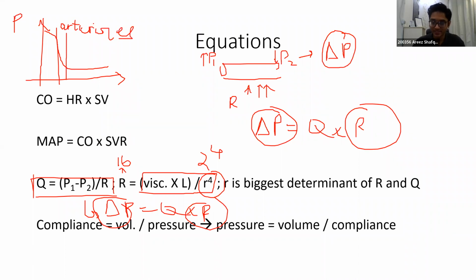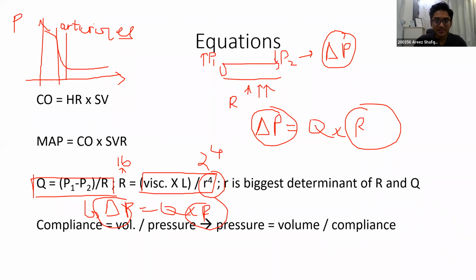If the biggest pressure gradient is across the arterioles, and the pressure gradient is directly related to resistance, that means arterioles are the main resistors of the blood. So that's a major concept you need to know. Arterioles are where resistance happens: vasoconstriction, vasodilation.